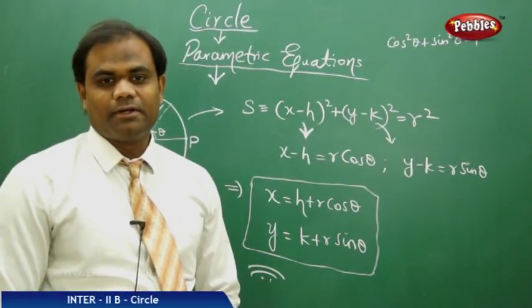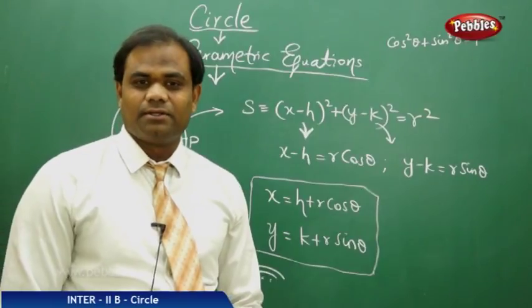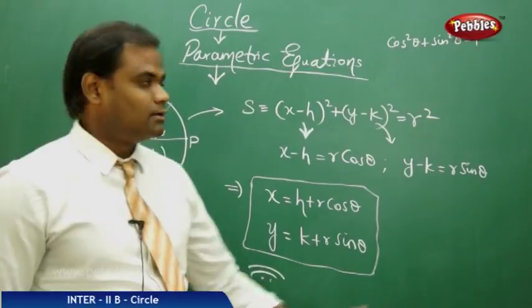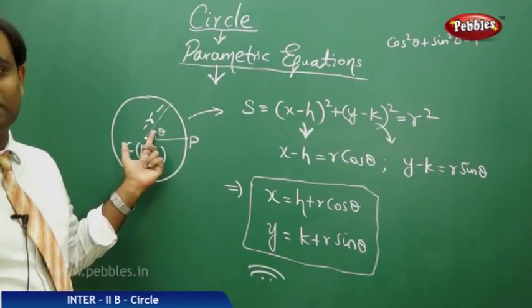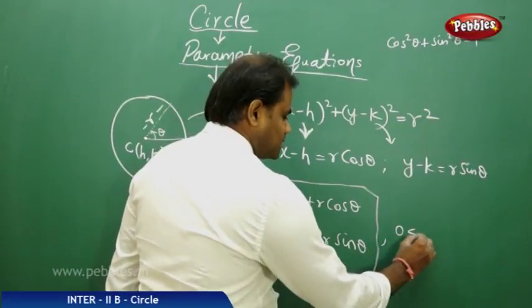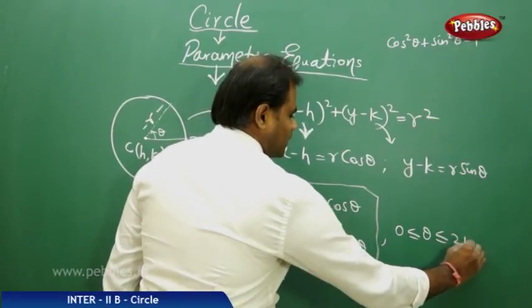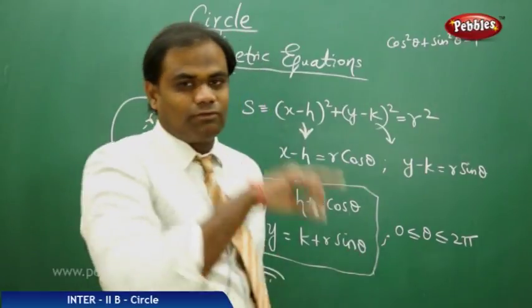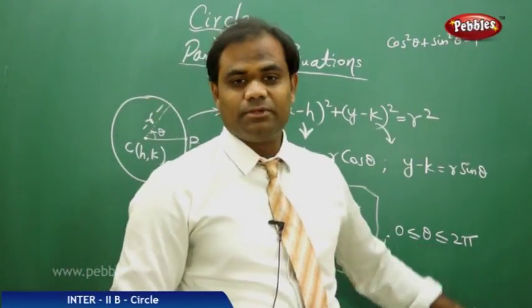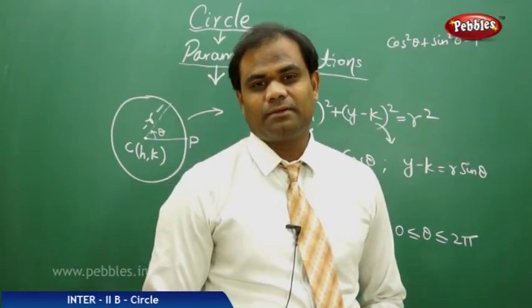The parametric equations connected with the equation of the circle involve the radius and the angle theta out here. Also, it is important to note that theta lies between 0 and 2 pi, one full rotation of the circle being 360 degrees.